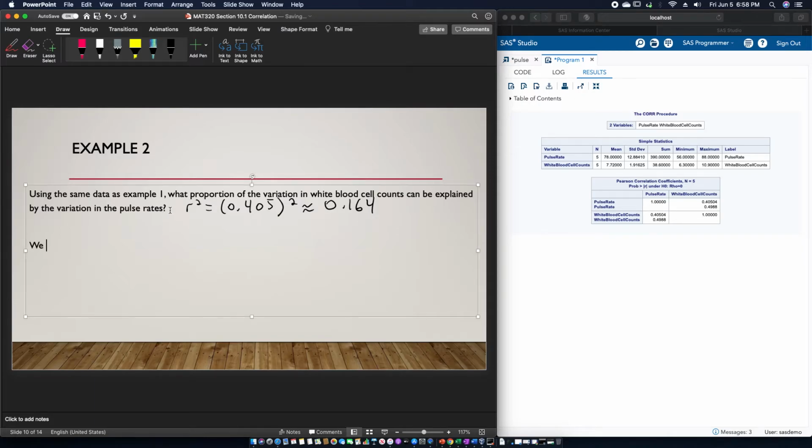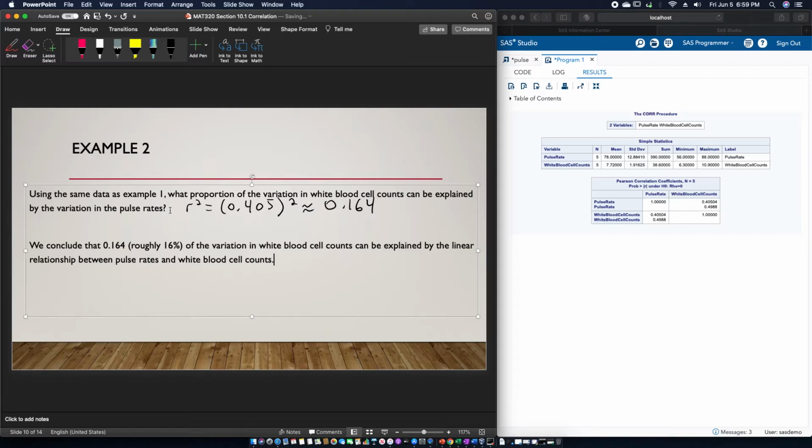We conclude that 0.164, which is roughly 16% of the variation in white blood cell counts can be explained by the linear relationship between pulse rates and white blood cell counts.